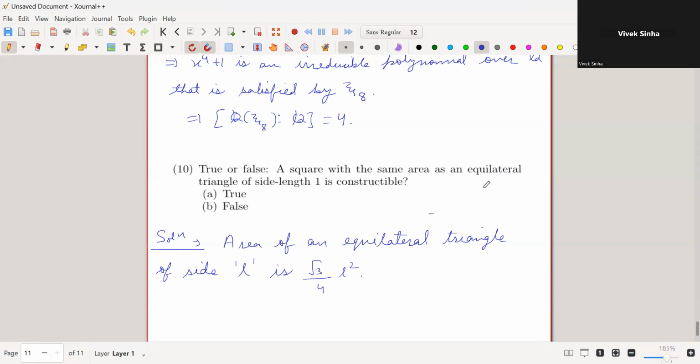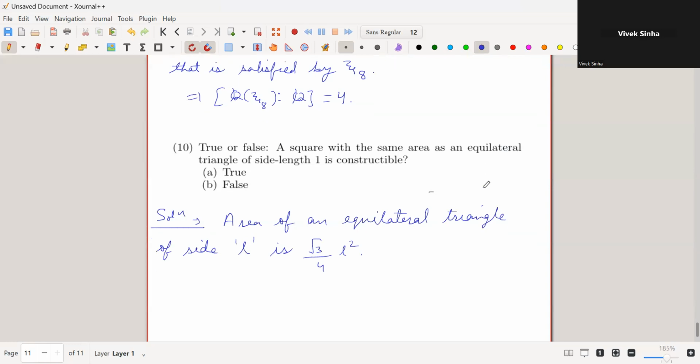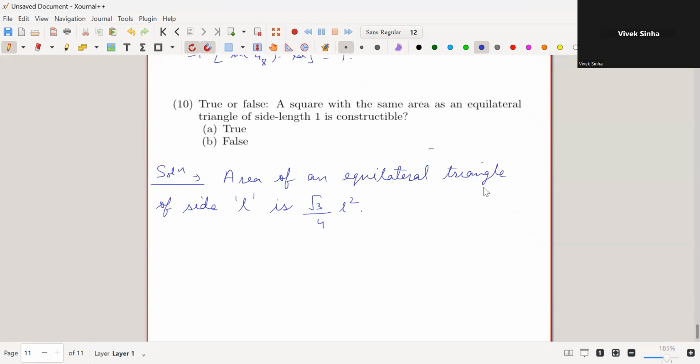This is easy to prove, and I'm not proving it. Here we are given that L equal to 1, side length 1.